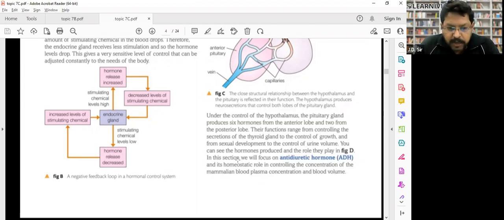Note it down. Diuretic substances: all those substances which increase the rate of urine formation in our body are called diuretic substances.